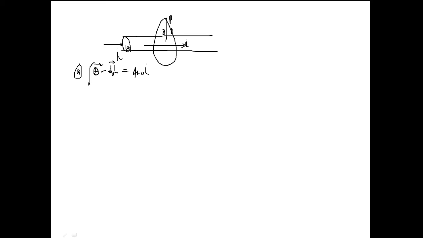Here the integral of dl is 2 pi r, so B equals mu naught I by 2 pi r. So we can say B is proportional to 1 by r. Here r is greater than a.